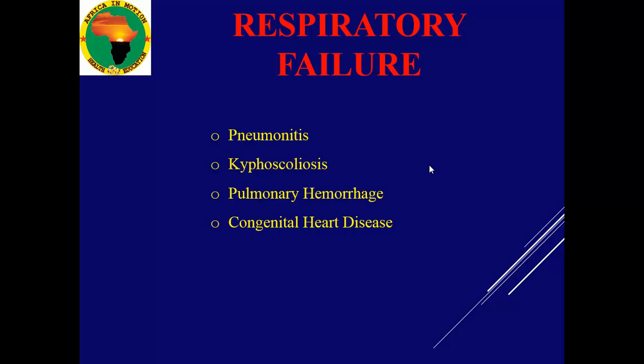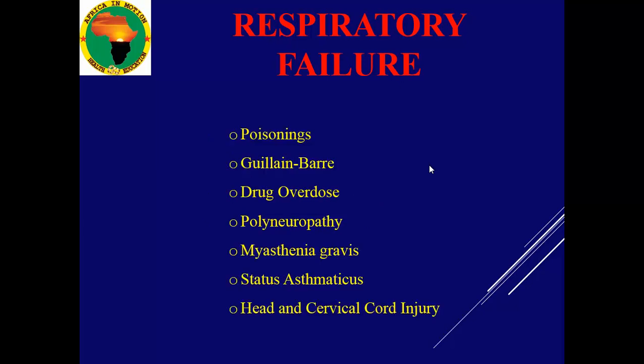There are other conditions like pneumonitis, inflammation and infection in the lungs, kyphoscoliosis, malformation of the spine, pulmonary hemorrhage, where you are bleeding within the lungs, and congenital heart diseases. These congenital heart diseases can cause respiratory failure as well. Poisoning. The poison might go and cause the muscles of the lungs to stop functioning.